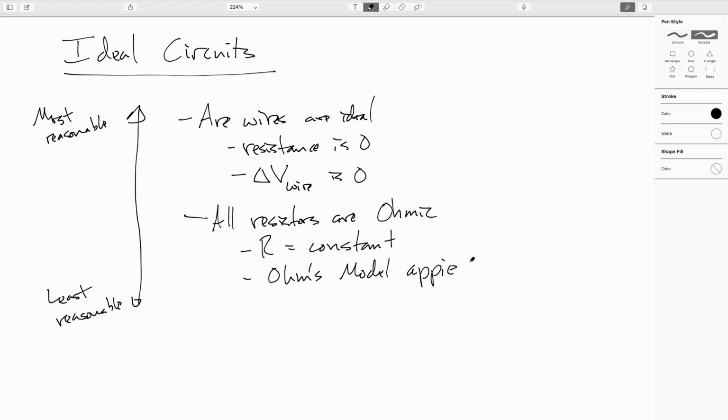And I like saying Ohm's model versus Ohm's law because Ohm's model is basically saying, well, if the resistance is a constant, then we can treat it like it's a constant, which is kind of circular. So I'm not a fan of calling it a law.